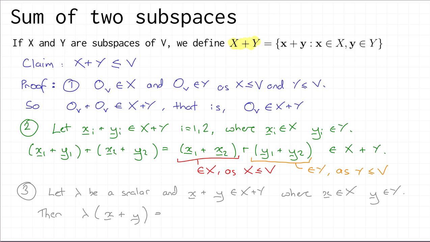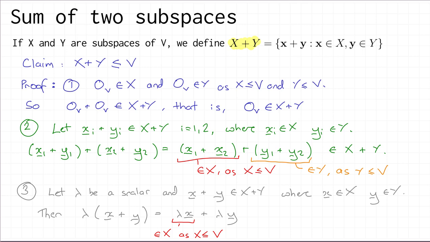So we can do that by multiplying out. Again, one of the vector space axioms tells you that scalar multiplication distributes over addition in this sense. But now, this thing is an element of X, as X is a subspace, so it is closed under scalar multiplication.